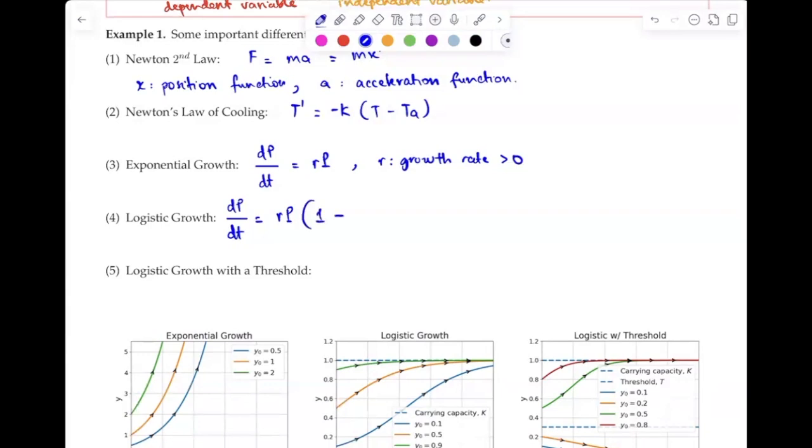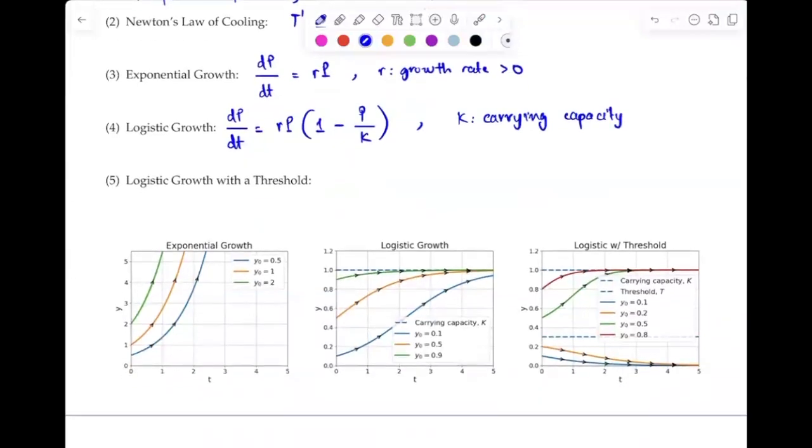So you multiply with 1 minus P over K, where capital K is the carrying capacity. When you take the elevator, you see on the side of the elevator they say the carrying capacity, the maximum number is, let's say, 100 or 2,000 pounds, something like that. That value is the carrying capacity.